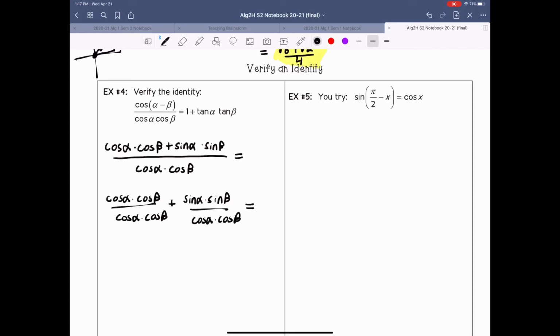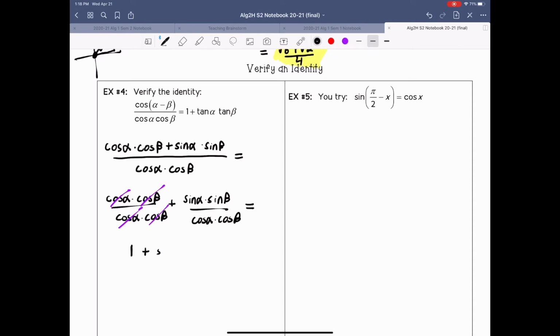Now, if I were to split those apart, the first fraction, cosine of alpha cancels with cosine of alpha, then cosine of beta cancels with cosine of beta. That whole thing turns into 1. And for my second fraction, sine of alpha times sine of beta over cosine of alpha times cosine of beta, I can break that up into two separate fractions, right? Because we just have multiplication in the numerator and multiplication in the denominator.